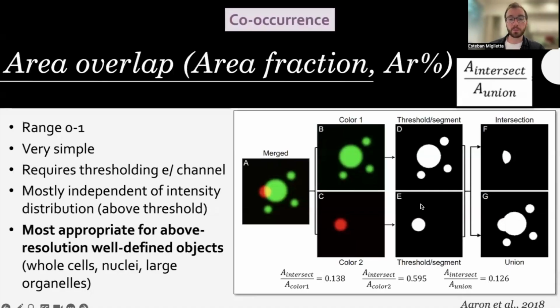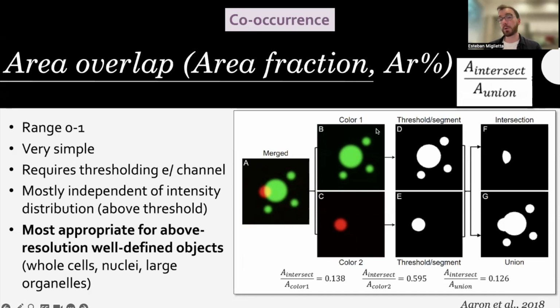First, we're going to mention a metric of colocalization that is area overlap, also sometimes called area fraction, which, as I put it here, is a measurement of co-occurrence alone. And we can see that because it is quite a simple metric. It ranges from 0 to 1. Basically, the procedure to obtain this is, when you have a two-channel image, you threshold each channel individually.